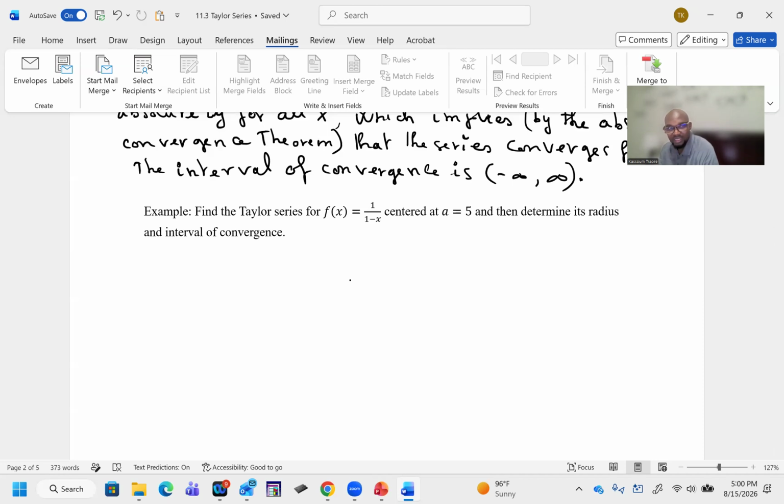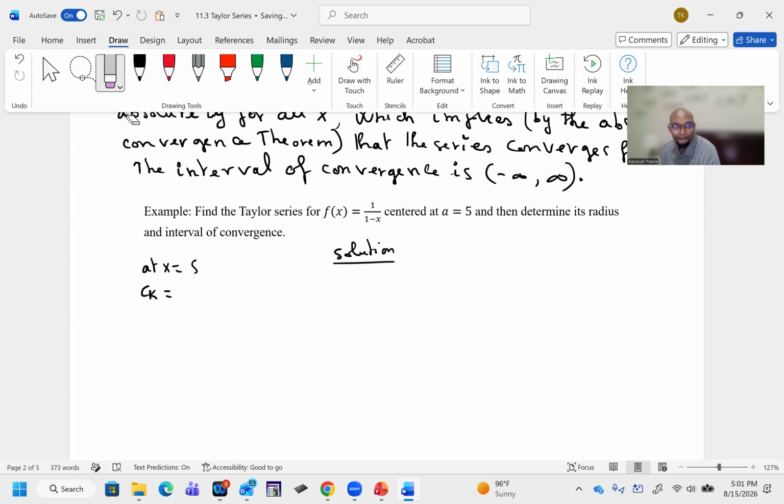In this case, my c sub k will be what? My c sub k will be the kth derivative of f at 5 divided by k factorial, right?